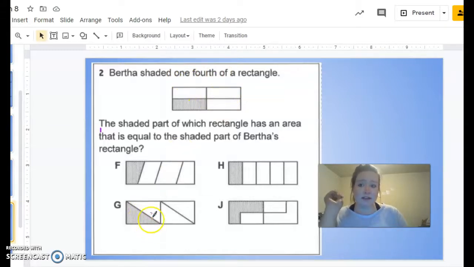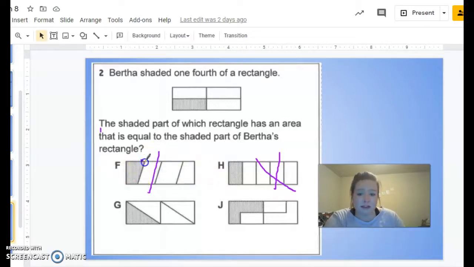Are they all broken up into 4 pieces? 1, 2, 3, 4. 1, 2, 3, 4, 5. That cannot be your answer. 1, 2, 3, 4. 1, 2, 3, 4. Okay, so now I only have 3 rectangles left. And the last step is to make sure that your pieces are broken up into equivalent size pieces.